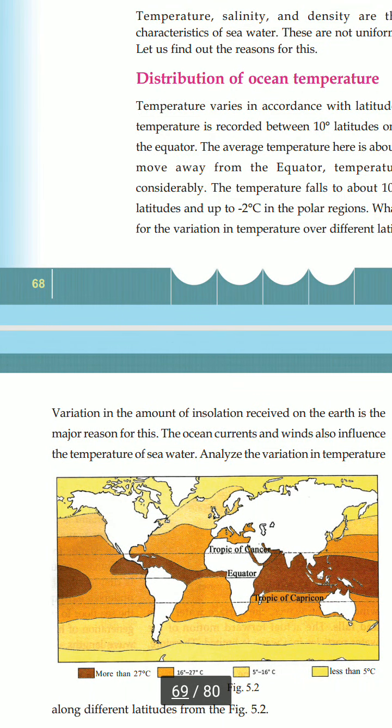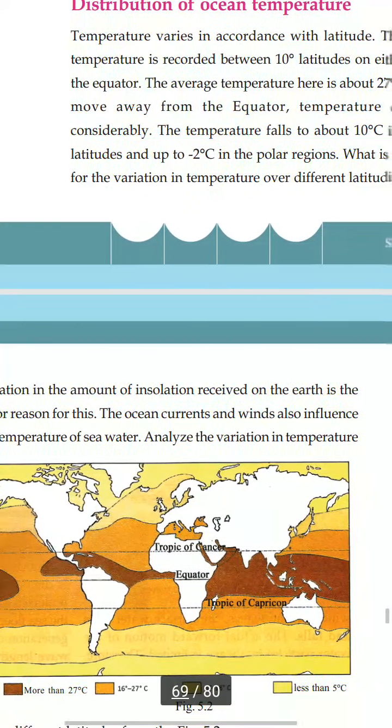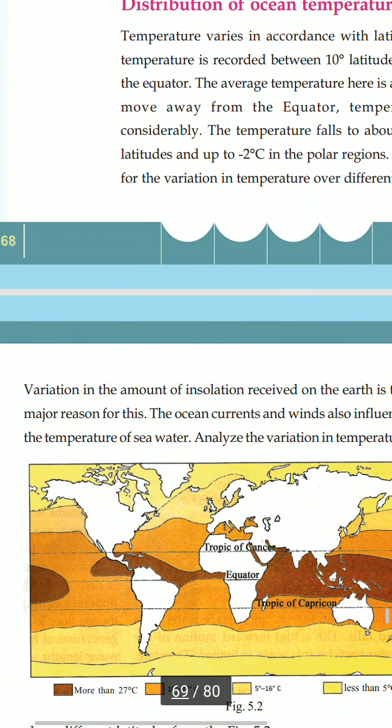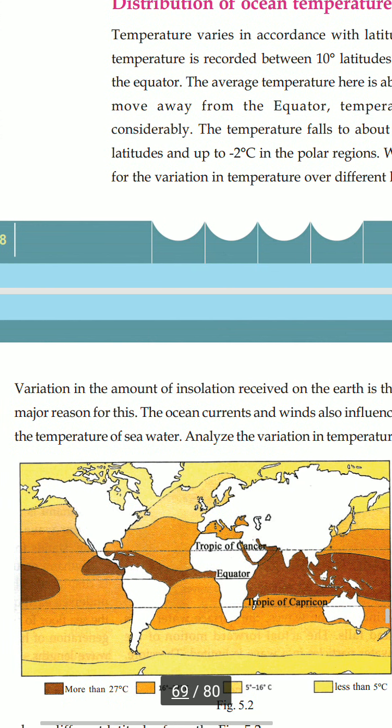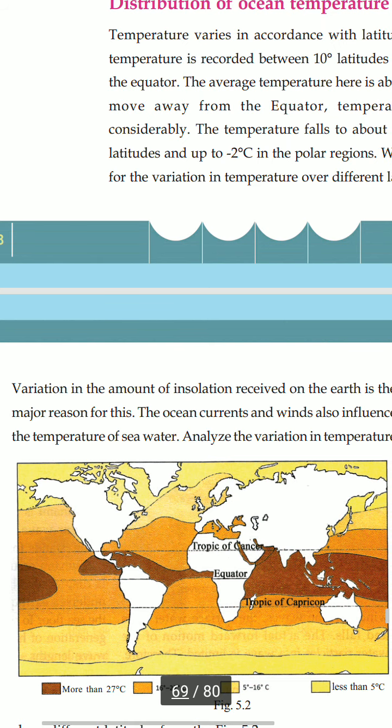I have told you. The variation in the amount of insolation received on the earth is the major reason for this. You know what is insolation? The sun waves, that is sunlight received by the earth, is known as insolation, isn't it? Similarly, variation in the amount of insolation is the main reason for the difference in temperatures.